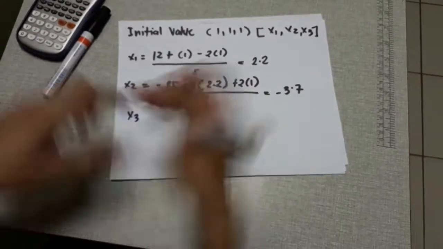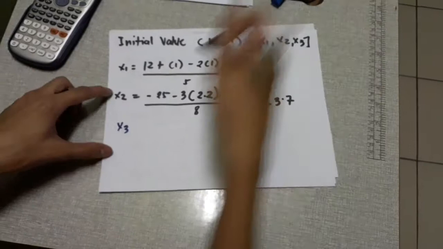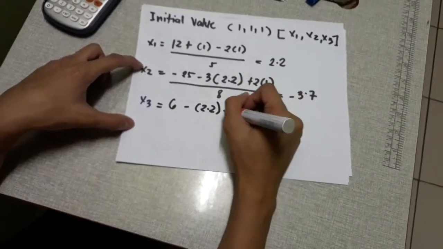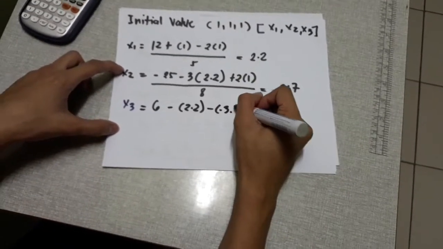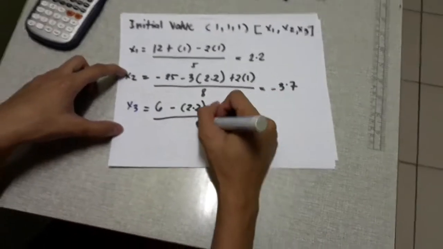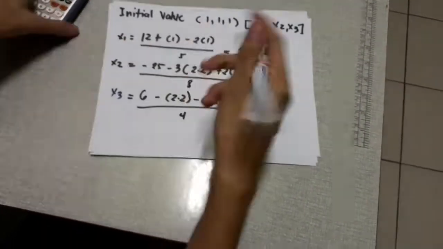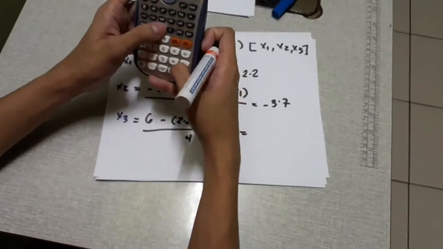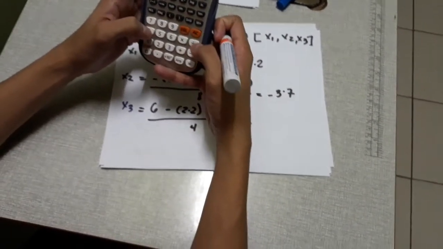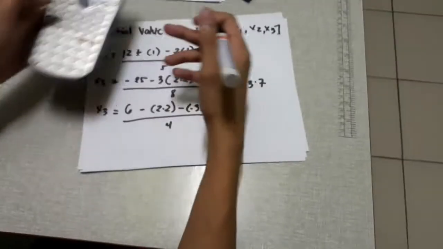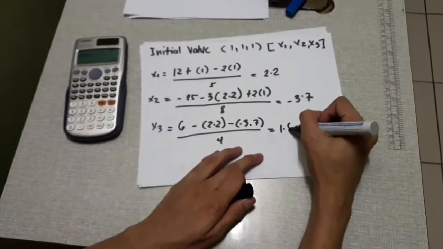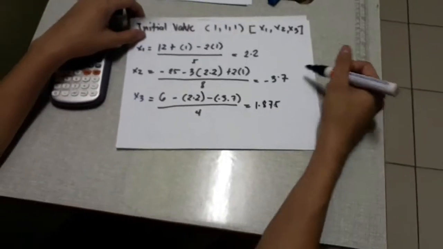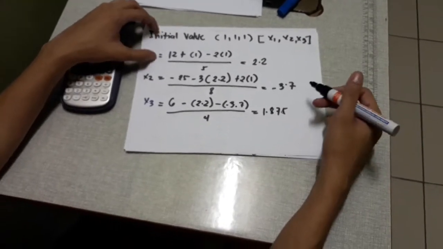So x sub 3 is equal to 6 minus 2.2 minus negative 3.7, over 4. When we calculate it, this is equal to 1.875.